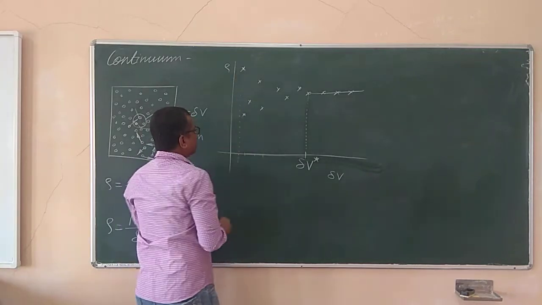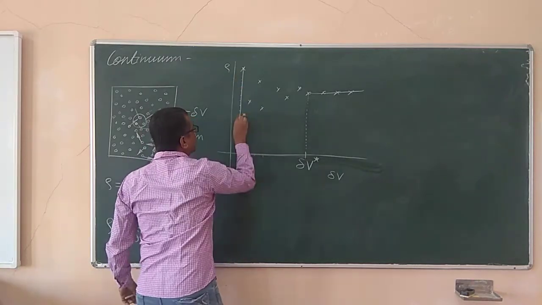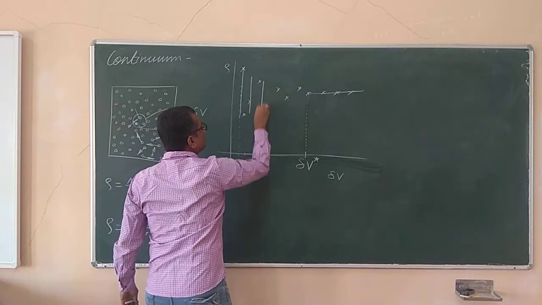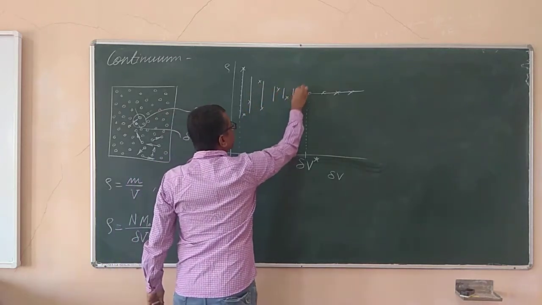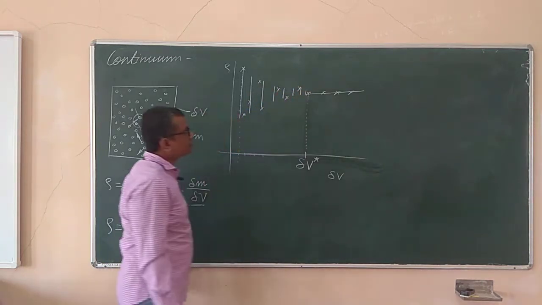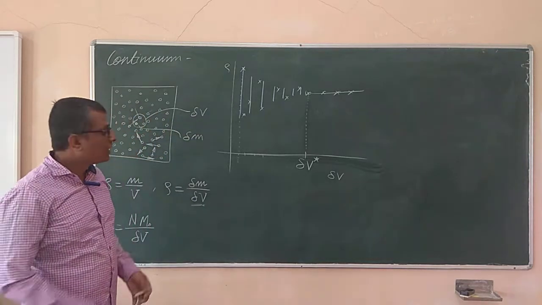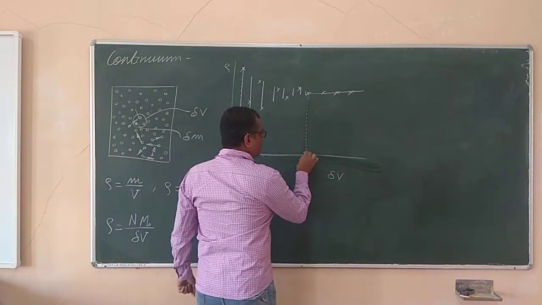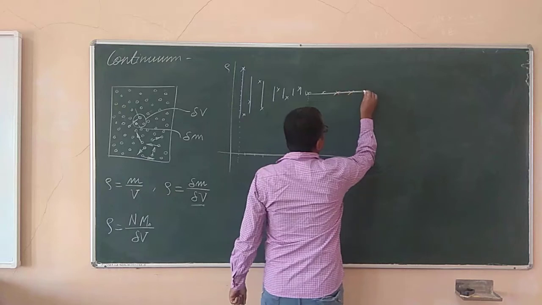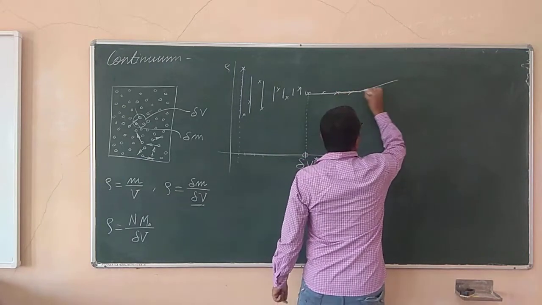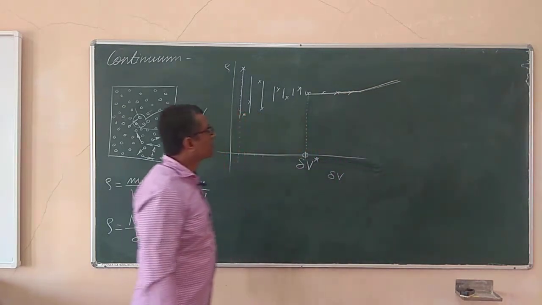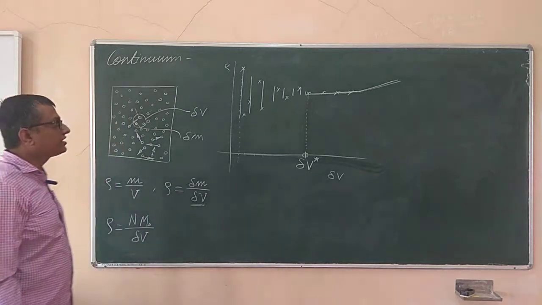You can see the variation of the density in this region is higher. Over here it is this much, over here it is this much, and slowly it is reducing. And from a certain volume onwards the density is constant, and in some cases it may increase also.